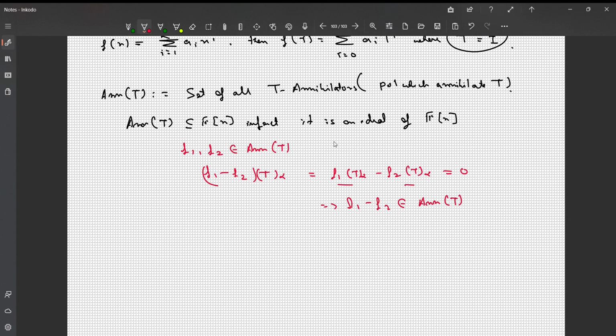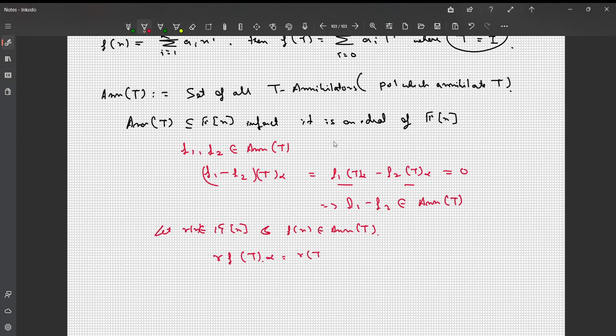And it's an ideal because F[x], the ring of all polynomials, is a commutative ring. So we need not discuss left or right ideals; we can simply discuss two-sided ideals. So let r(x) be an element of F[x], and small f be an element of the annihilator of T. Then what is (rf)(T) of alpha?